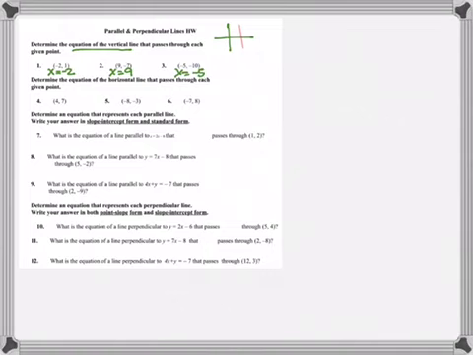When we look at problems 4, 5, and 6, they want us to have a horizontal line that passes through each of the points. And in this case, we know that for a horizontal line, our slope is equal to 0. So if I use the equation y minus y1 equals m times x minus x1, and I put in 0 for my slope, then everything on that side of the equation is multiplied by 0.